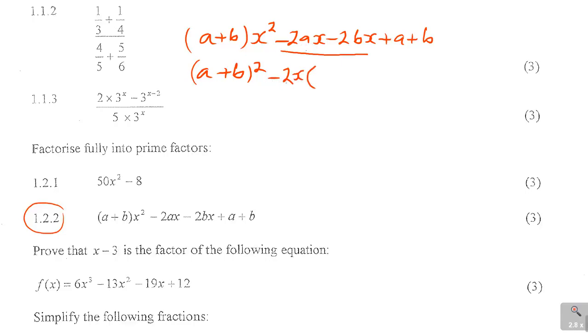Now minus 2ax divided by minus 2x, I will get an a, plus minus 2bx divided by minus 2x, I'll get a b in this case. Remember, if I'm dividing, I'm cancelling the 2 and the x, because 2x is common, and there is the a and the b left. So that's what I'm doing in that case.